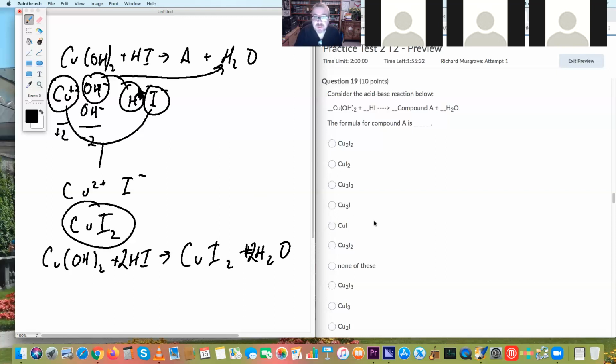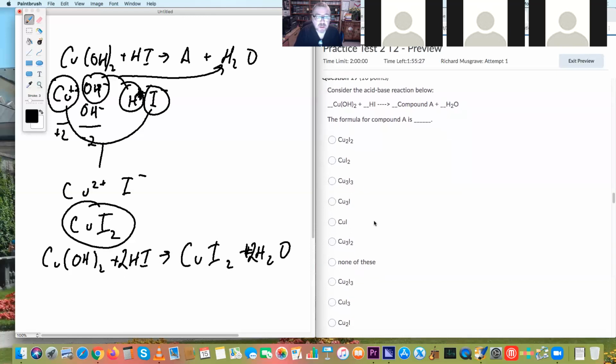Is that okay, Ashley? When you say neutral, I mean positives and negatives balance out. See, this is 2 plus and I minus. That's clearly not neutral, because the charges don't balance. So you need a situation where the charges balance, which means we need 2 I's to make that happen. If I drew a picture of that, you can see that it's neutral.